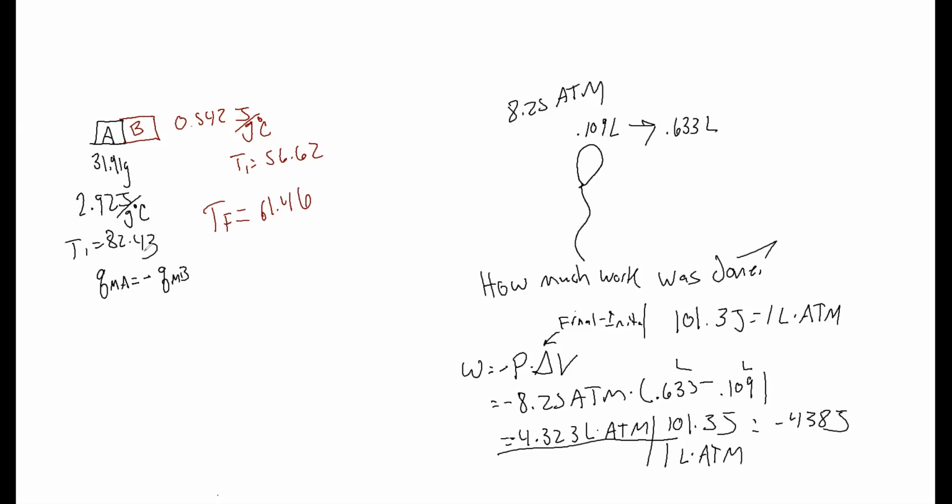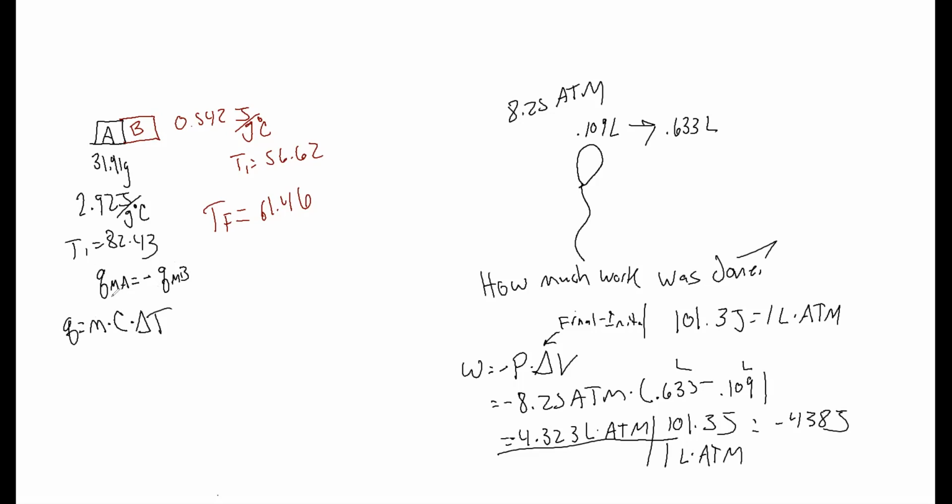One is gaining heat, one's losing heat, but it's the same numerical value. It's just that the one's gaining, one's losing, so that's why we have the negative sign. It doesn't matter which side the negative sign's on. And to calculate heat is mass times heat capacity times the change in temperature, MC delta T.